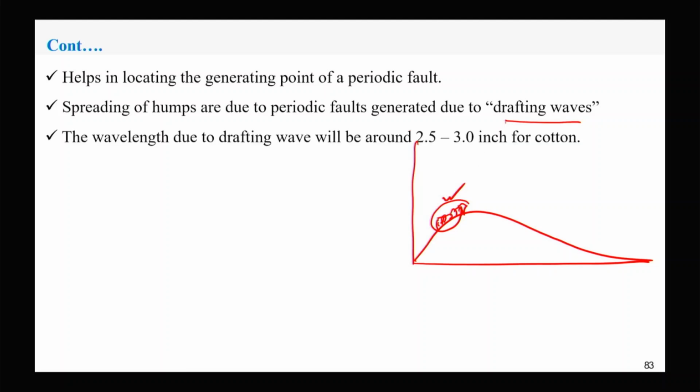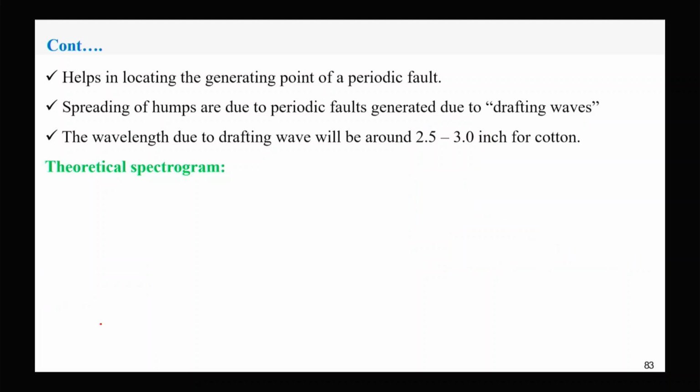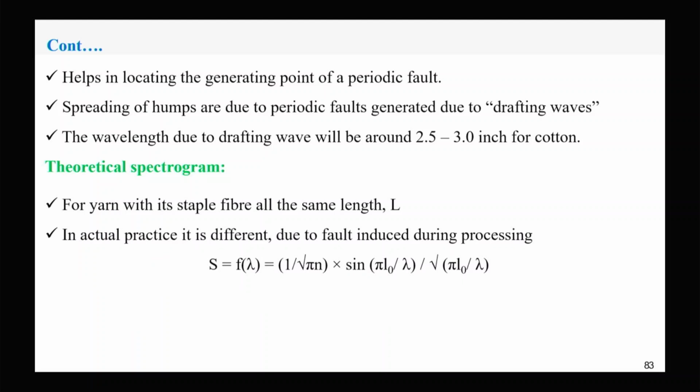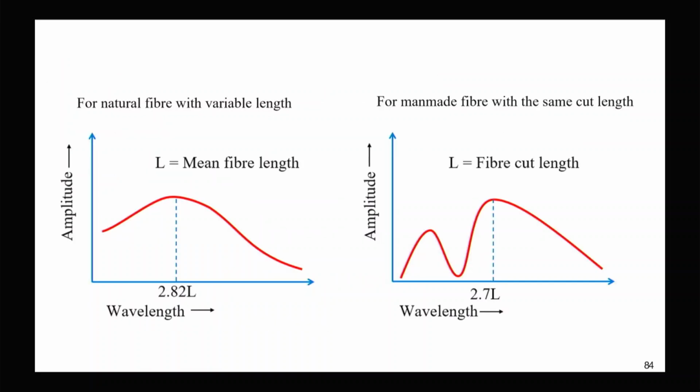So typically it has been observed that the wavelength is within the range of 2.5 to 3 inch for cotton. And as I have mentioned, there is a theoretical spectrogram, which is given by a complex relationship. So that we don't need to discuss at this point. So you can see the shape.